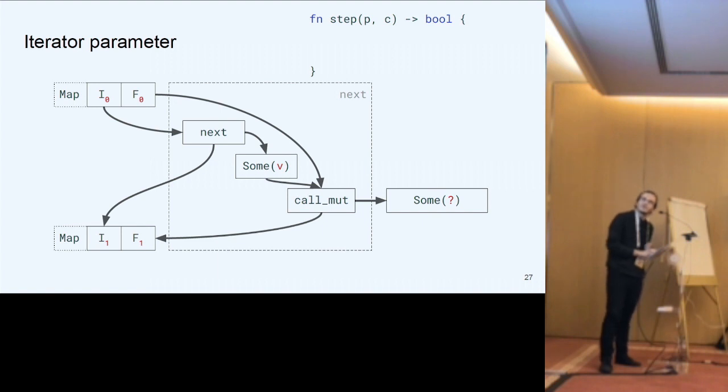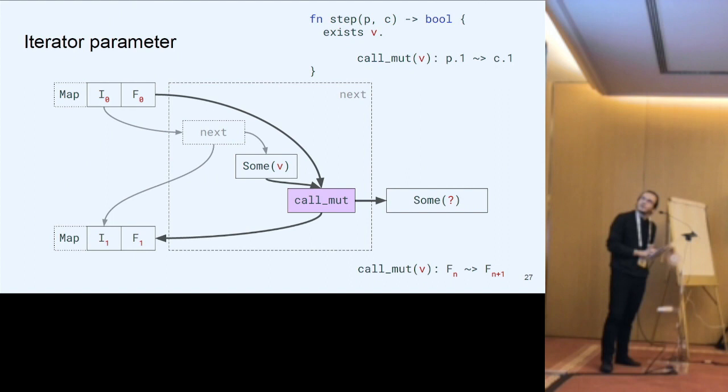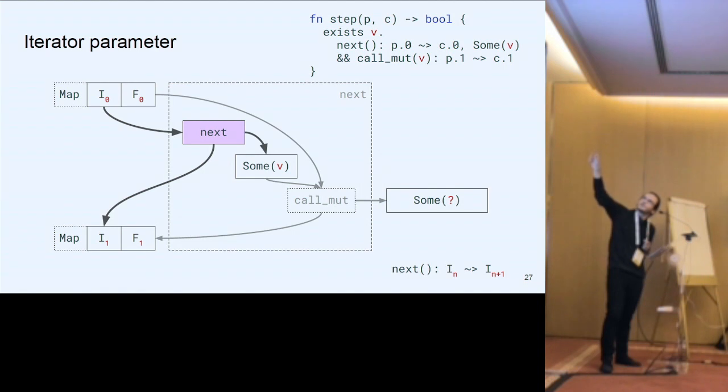So to define the step predicate for map, for the time being, we will existentially quantify over this v. I'll talk about this in a second. We'll say that v itself was passed to this call mut representing the function call, taking the, in this case, f0 state to f1, and that the some v value itself came from a call to iterator next of this I0 state moving to the state I1.